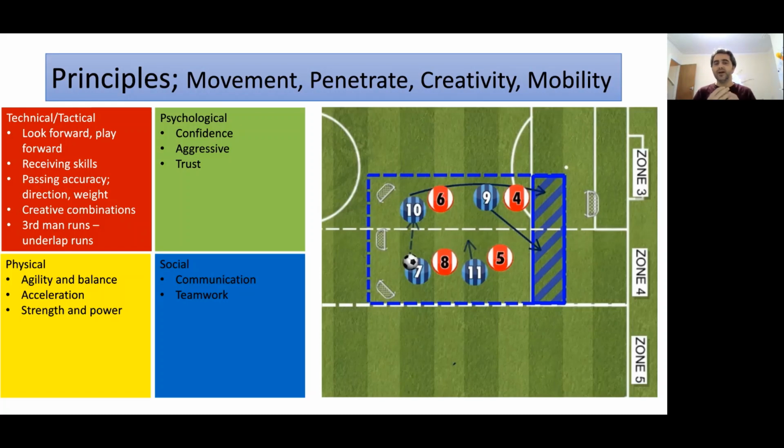If you play more passing game with U7, they don't attempt to play forward. So you can support them to dribble. So it's easy to teach them to play forward.